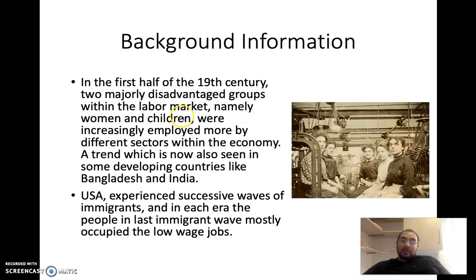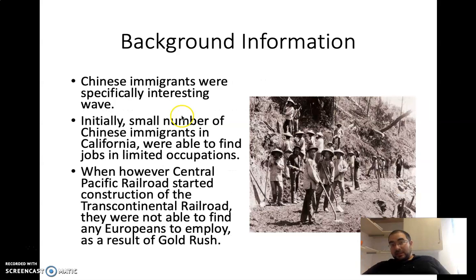In the United States, a similar development also happened in one specific case with one very interesting immigrant group. Very interesting, I said, because usually in the United States the immigrant waves were coming from Europe, so each successive wave was more or less familiar with the previous wave.